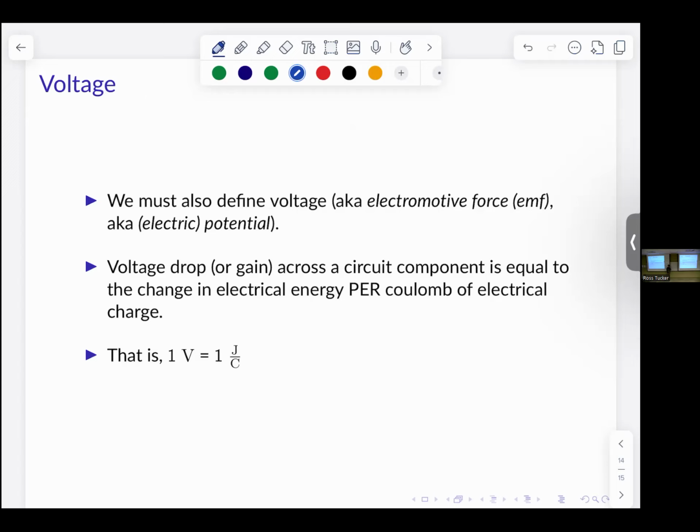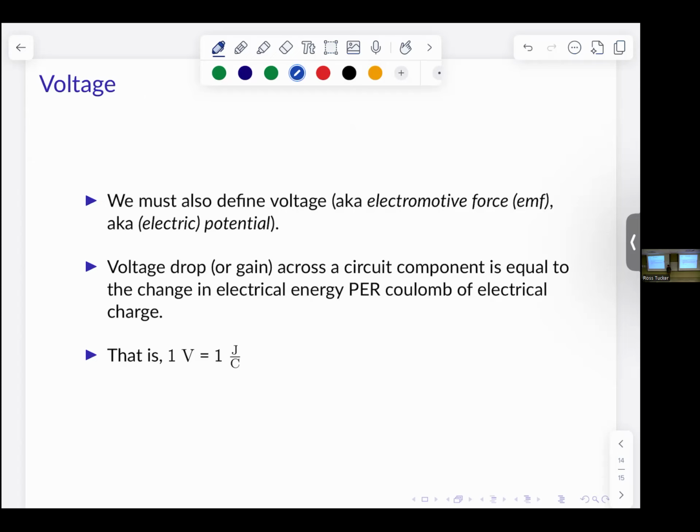I will always call it by one of 2 names. I will always call it either voltage or electric potential. But your textbook also says EMF, which is why I'm writing this down. In class, I will always call it voltage or electric potential. Same thing. But you also need to know EMF or electromotive force is also just another synonym for voltage.